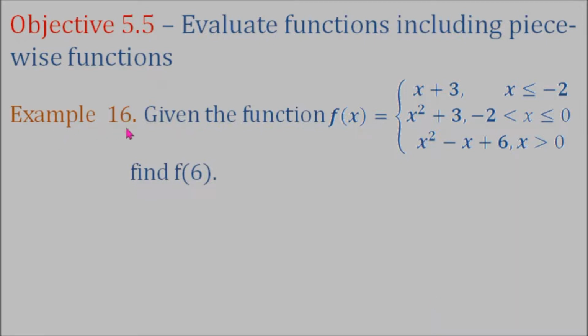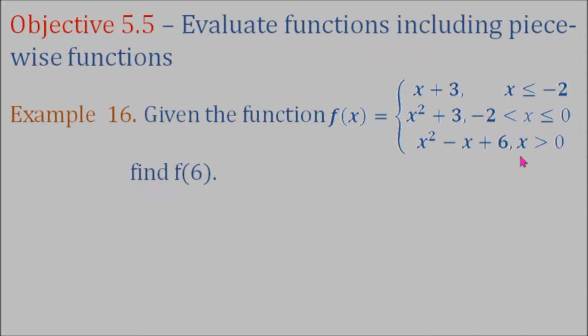Example number 16. Given the function f of x equals x plus 3 if x is less than or equal to negative 2, x squared plus 3 if negative 2 is less than x is less than or equal to 0, and x squared minus x plus 6 if x is greater than 0, find f of 6. So notice here that 6 is in this domain, greater than 0.